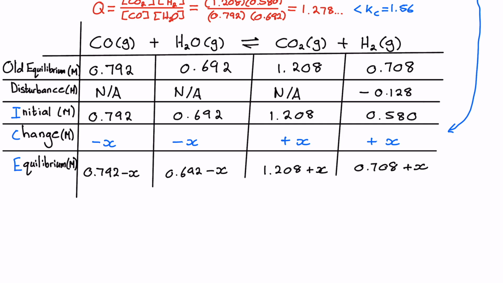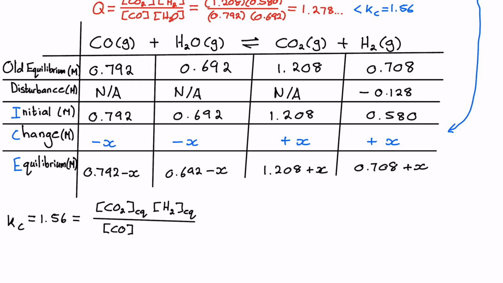Our equilibrium concentrations. So now to determine x, we have to put them into Kc. So Kc is 1.56. The Kc expression is CO2 equilibrium, H2 equilibrium, over CO equilibrium, H2O equilibrium.